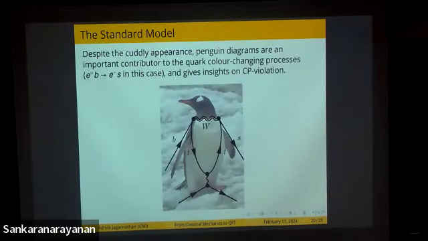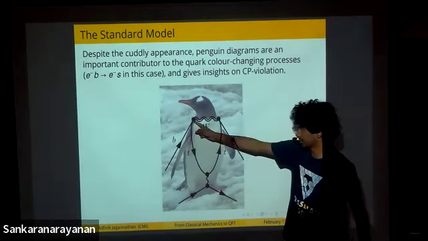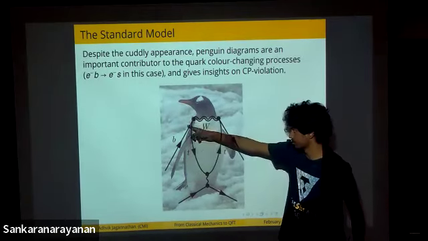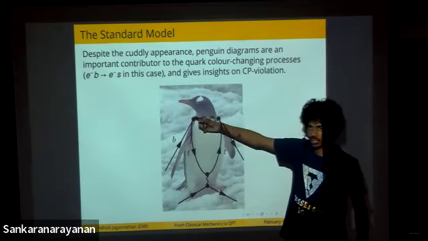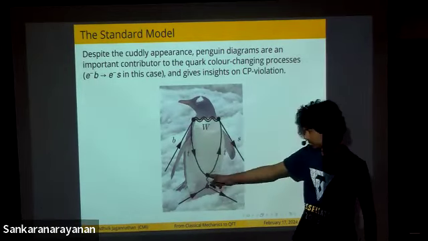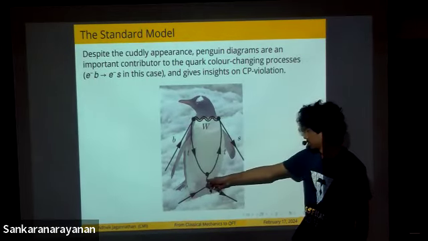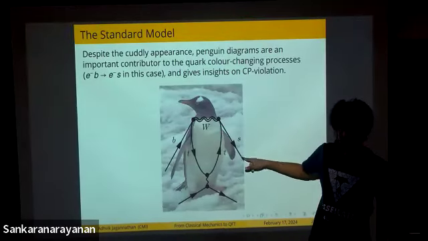This is an example of a Feynman diagram in the standard model. You have a bottom colored quark coming in, which splits into a W boson and a top quark, which interacts with the electromagnetic field through this photon and gives you a strange quark at the end.